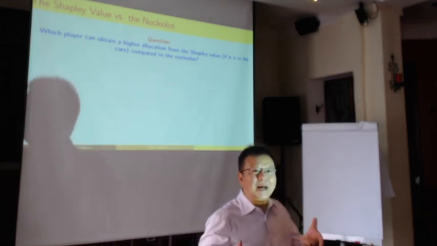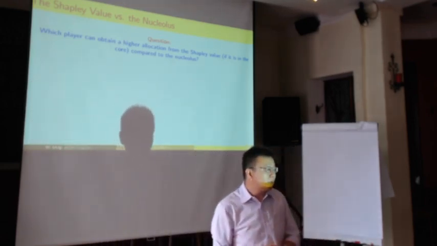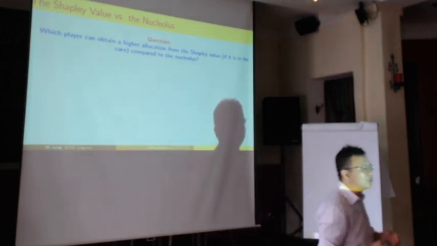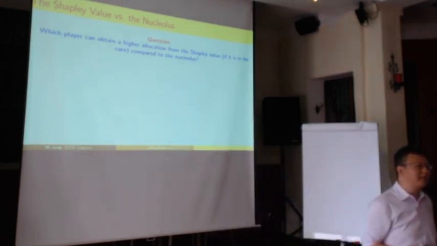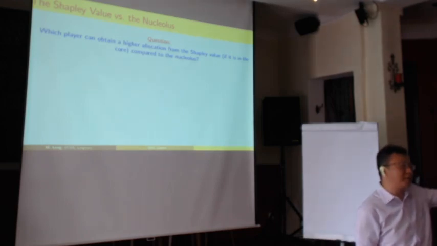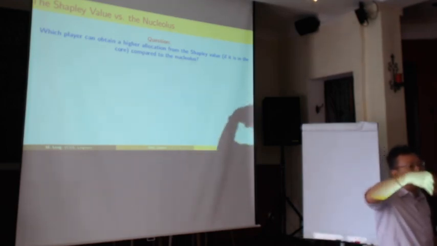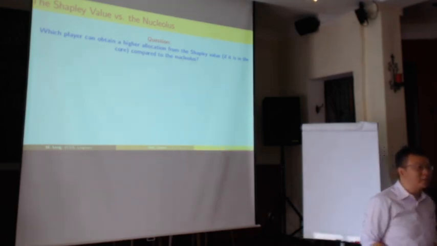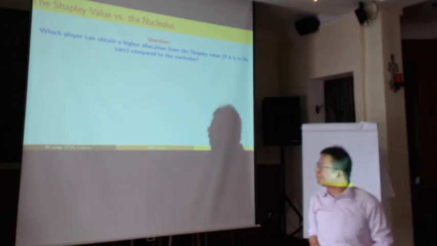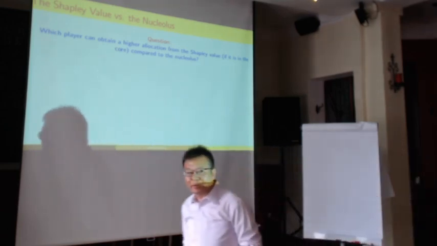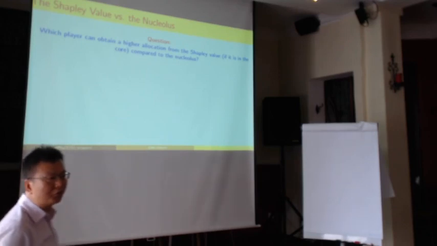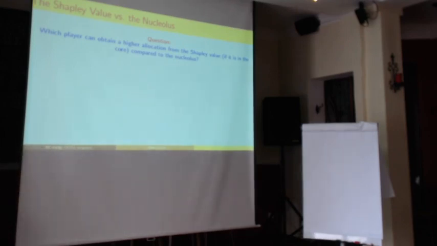So the big pi is fixed. So if we use Shapley value or the nucleus, we compare them definitely. Some players get more from Shapley value, some get more from the nucleus. So my question is, which player gets more from Shapley value? Which player prefers to use Shapley value to allocate?